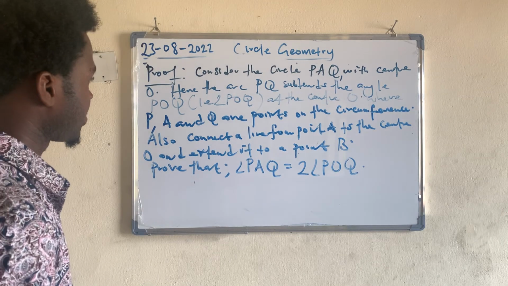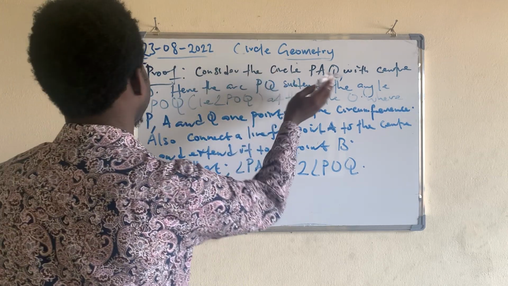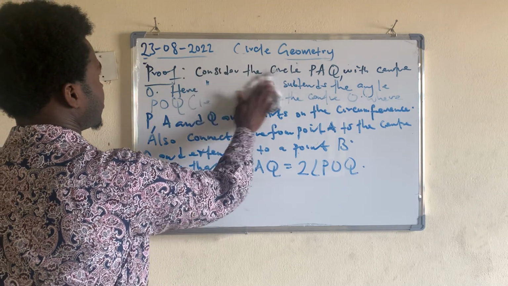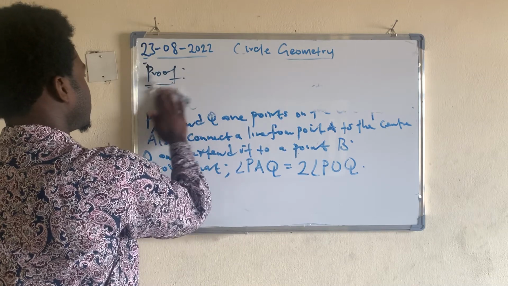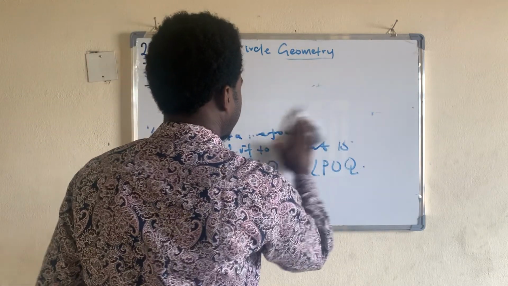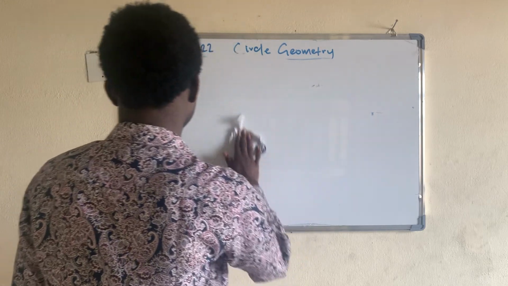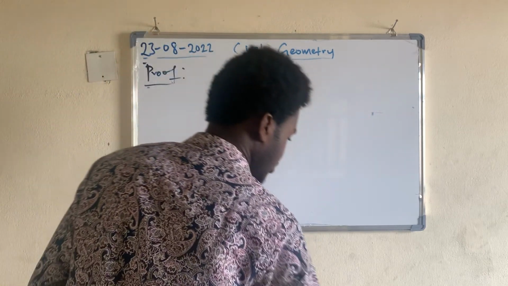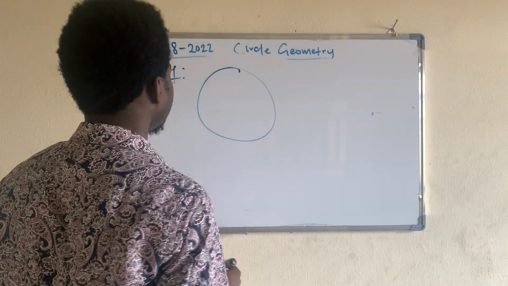So from here, I will rub off the board. Sorry, because of space. Rub this off and draw out a circle this way.